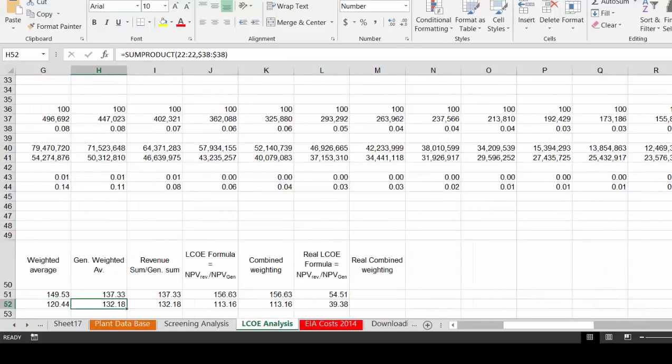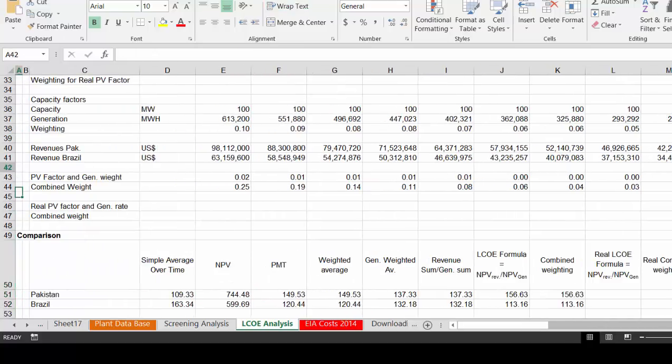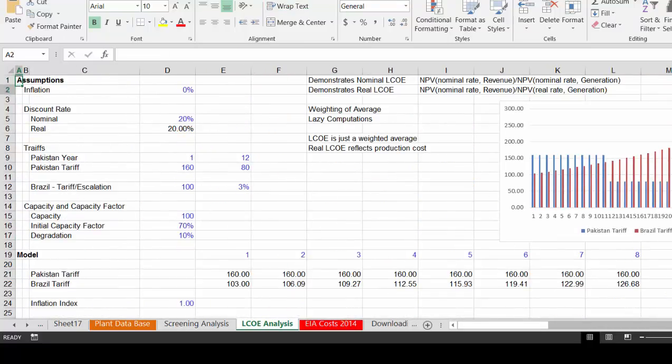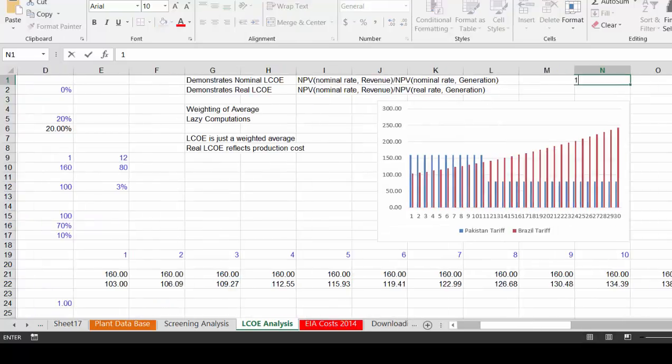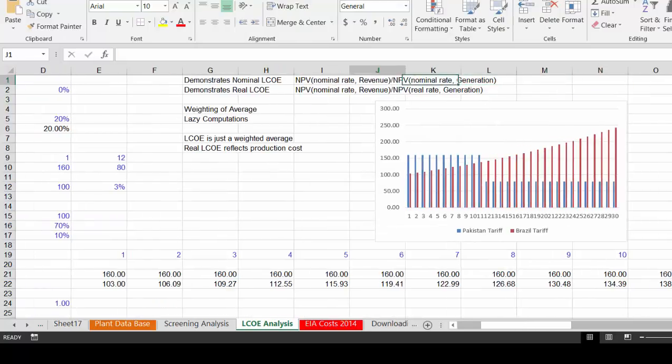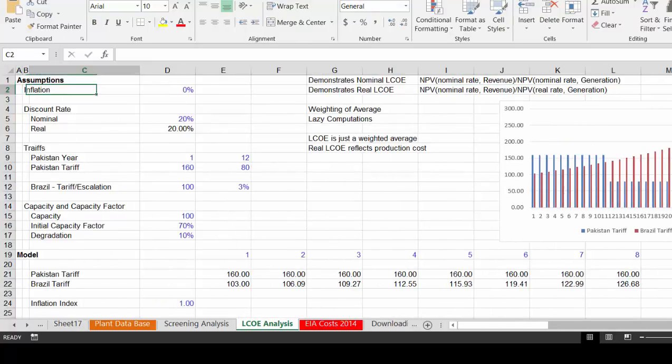This is NPV. We're going to start this one over again, and now let's do everything on a real basis. So if it's a 20% discount rate, let's put 10% inflation, just to make it really extreme.